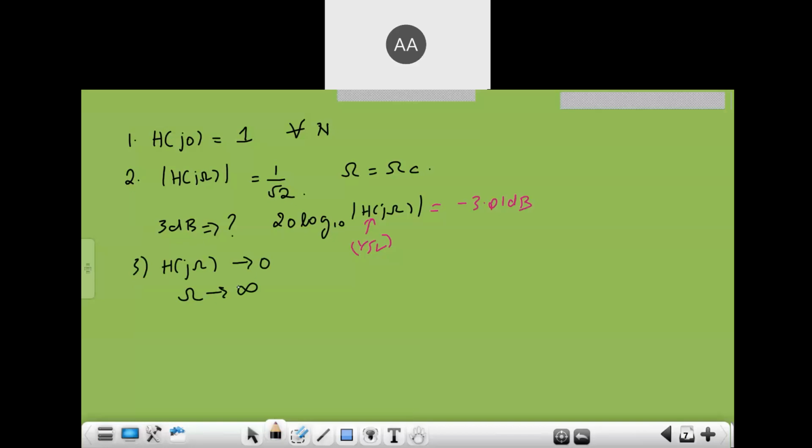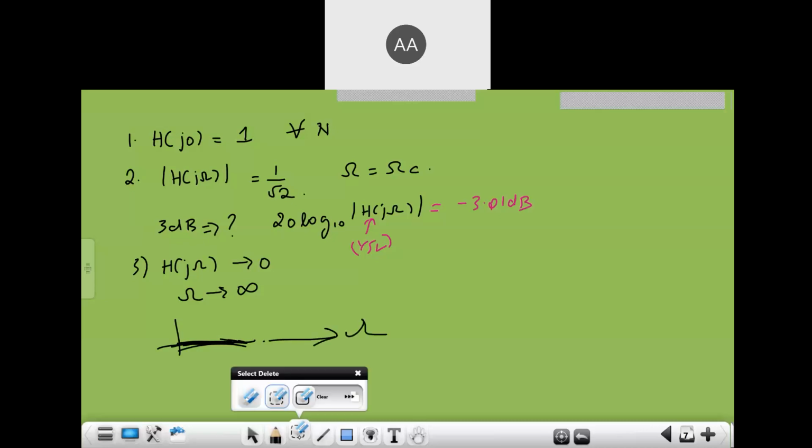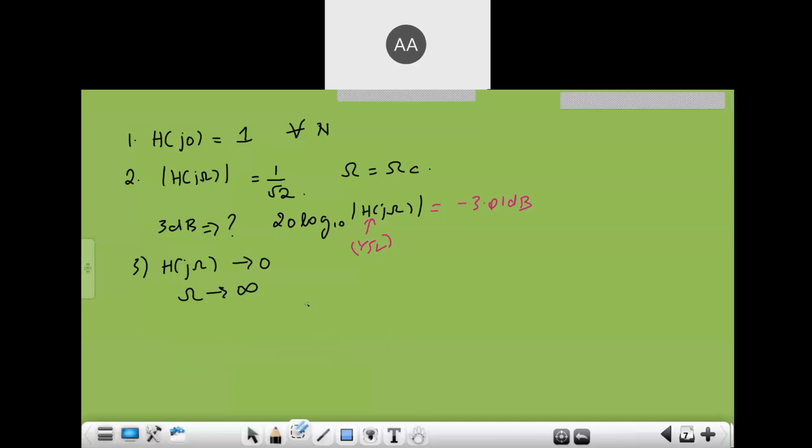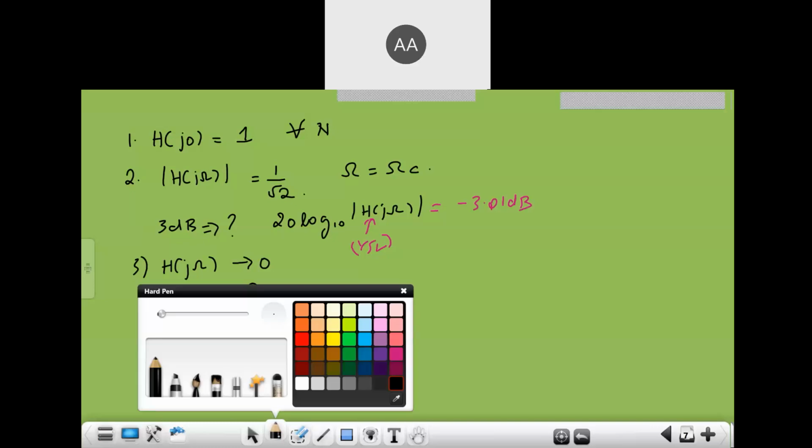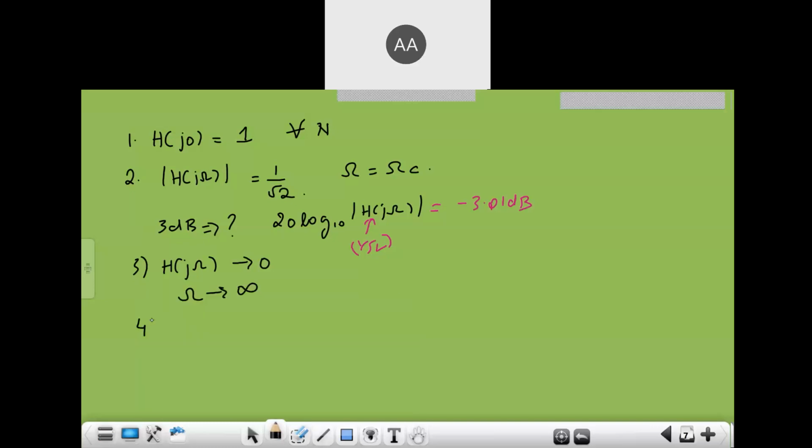Your omega value goes to infinity, it will be like a straight line on the x-axis. So omega value you don't know, infinitely long it can go. Got it? That is the meaning of this. So these are a few properties of the Butterworth filter by observing the unit magnitude response.